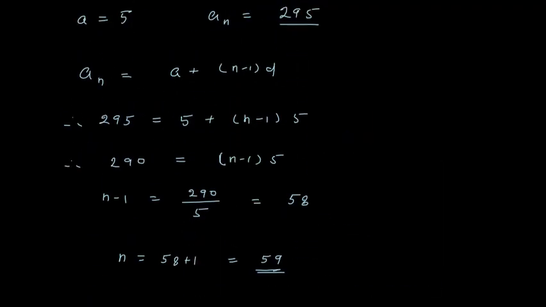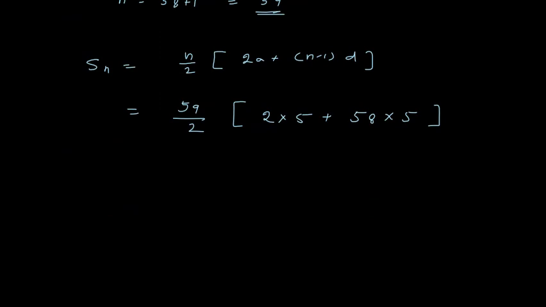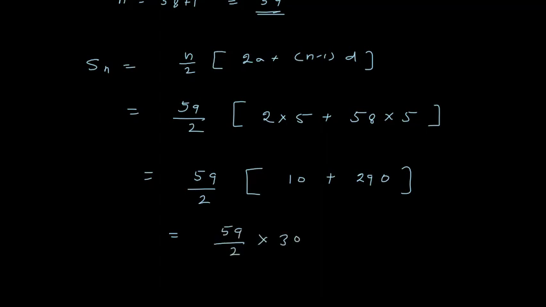So a is also 5, d is also 5. So here it is 59 divided by 2, and inside we have 5 2s are 10, plus 5 8s are 40, 5 5s are 25, plus 4 is 29. So it is 10 plus 290, which is 300. So this is 59 divided by 2 multiplied by 300.